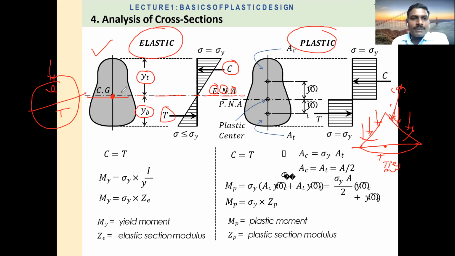So in this way, if we compare, this compressive force is equal to tensile force, at that time in the elastic moment is equal to sigma y into I by y. म्हणजेच My is equal to elastic moment is equal to elastic stress into elastic section modulus.